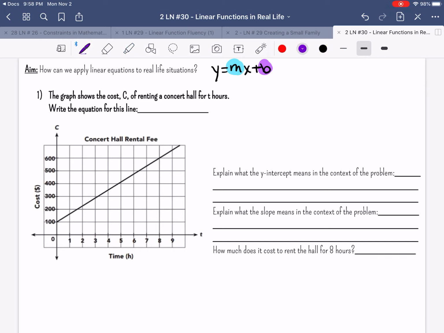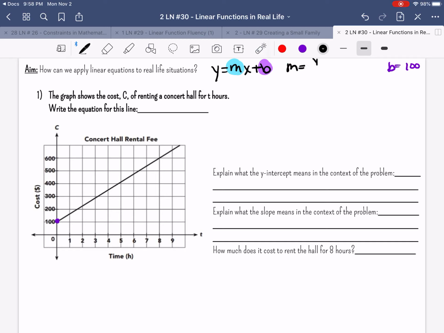So we actually have the y-intercept right here. So on the side over here, I'm just going to write b equals 100. And we have to find m. So these are the two formulas we need.